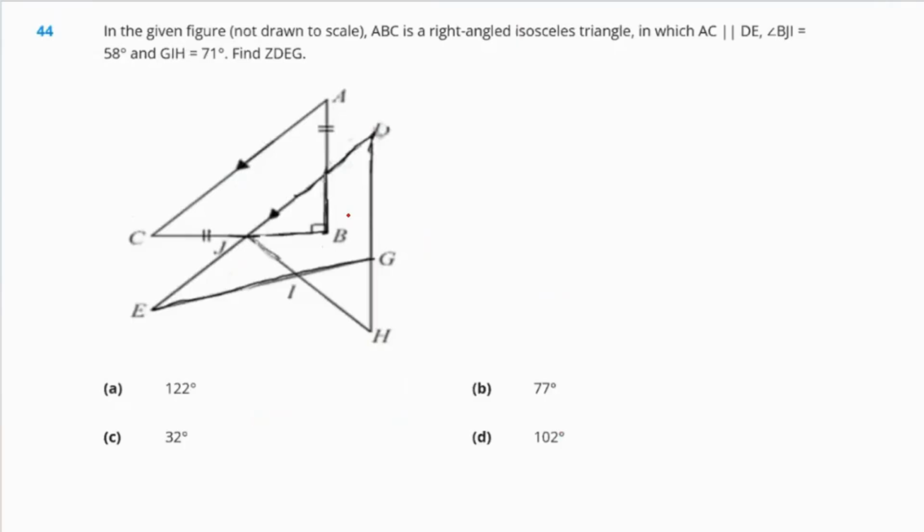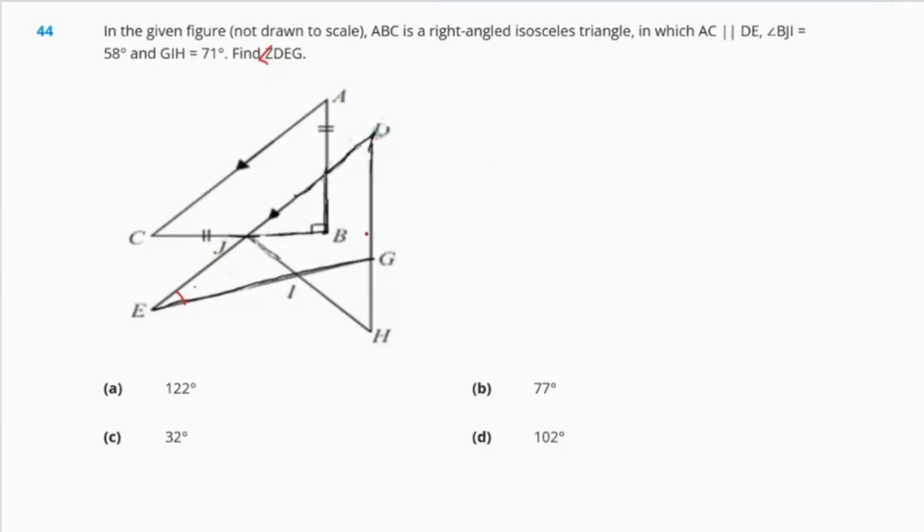Next, in the given figure, ABC is a right-angled isosceles triangle in which AC is parallel to DE, angle BJI is 58 degrees and GIH is 71 degrees. So we have to find out angle DEG. Okay, angle DEG, this one we have to find.